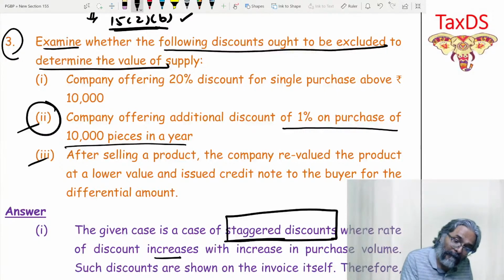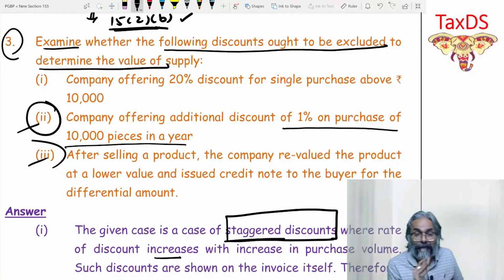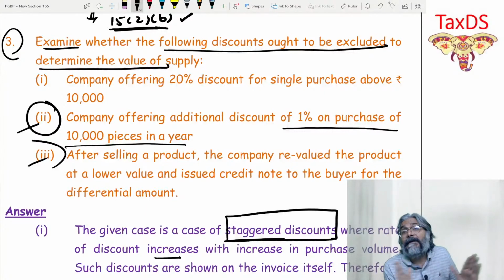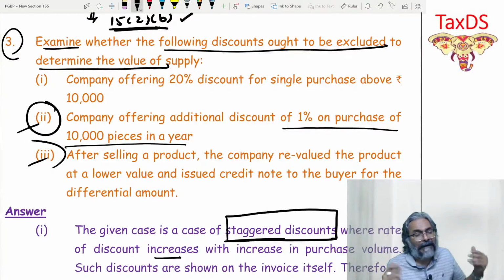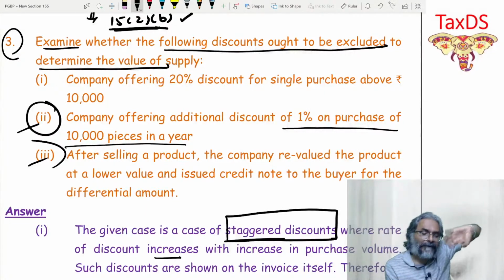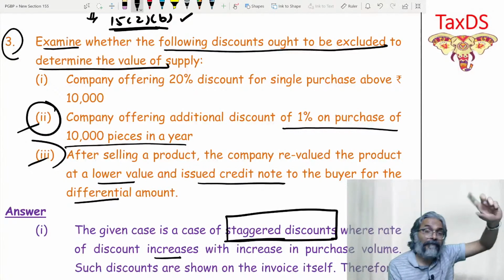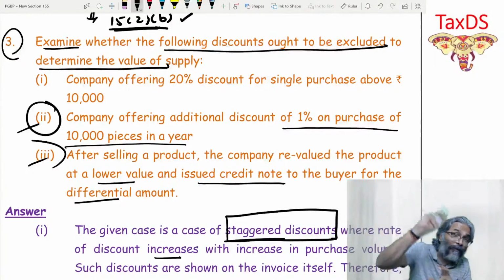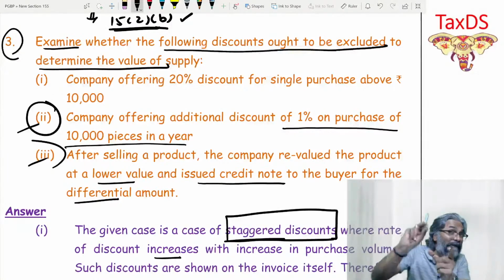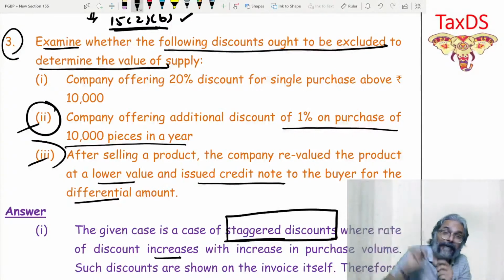And if you see point number 3 as a completely independent item, in one transaction, after selling a product, the company revalued the product at a lower value and issued credit note to the buyer for a differential amount. Now the credit note and all are associated points with that ITC 15.3b. Then I might have to write what?